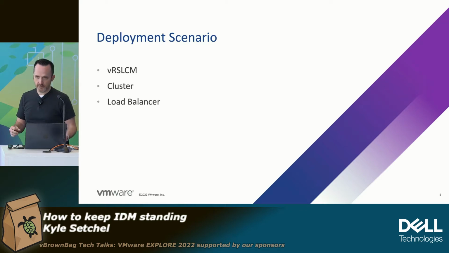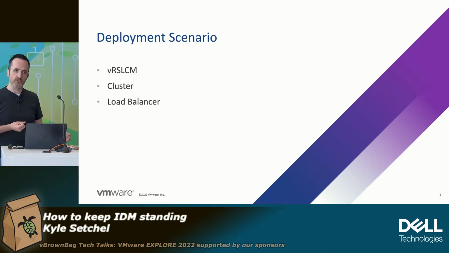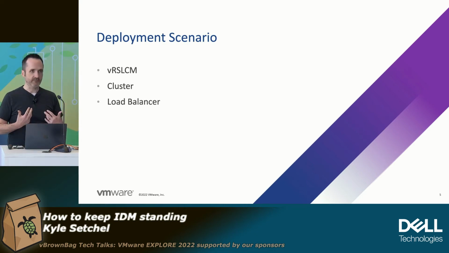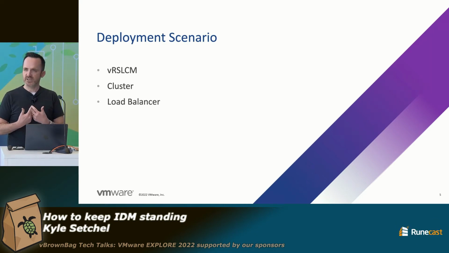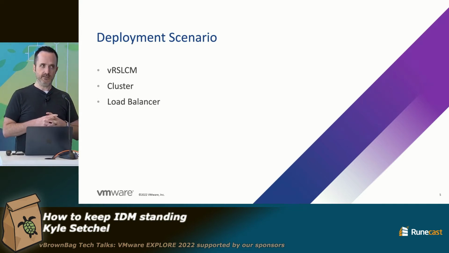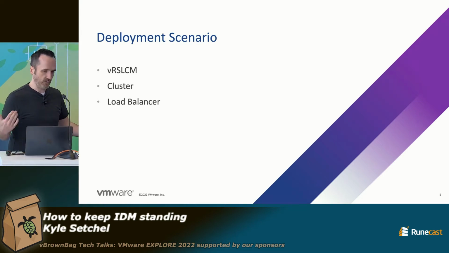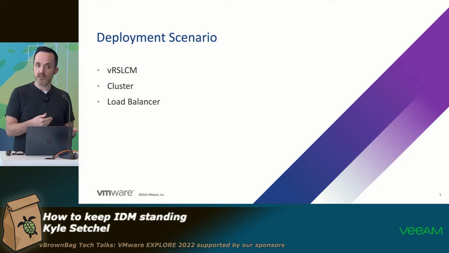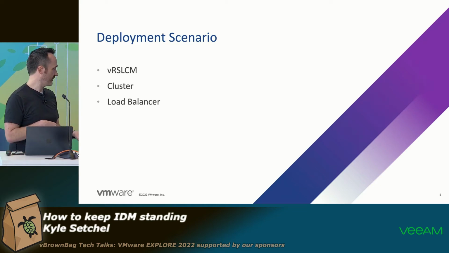So, deployment scenario. Most people use IDM through vRealize Suite Lifecycle Manager, so I am really focusing on that particular deployment scenario. As such, there is a focus of consuming everything from an IDM perspective through vRealize Suite Lifecycle Manager. That is a little bit of a mouthful.